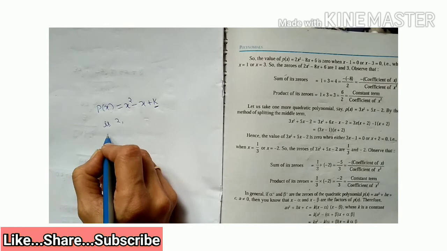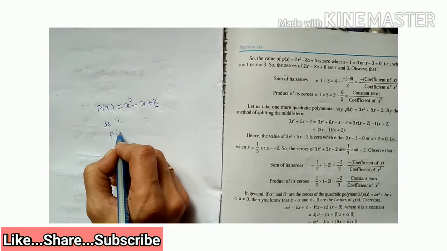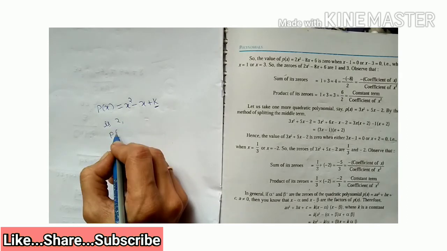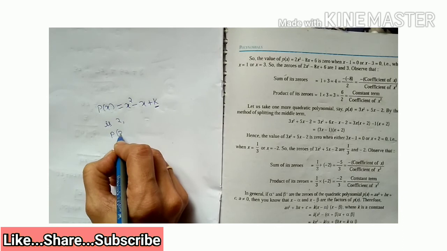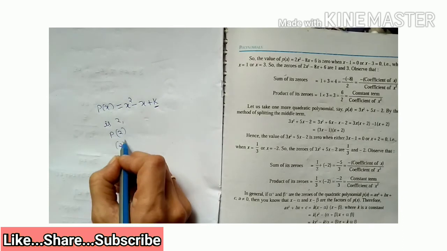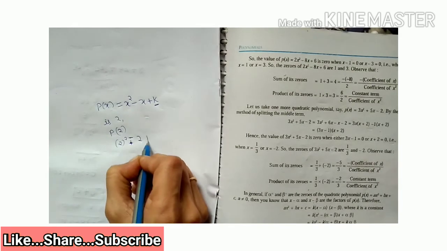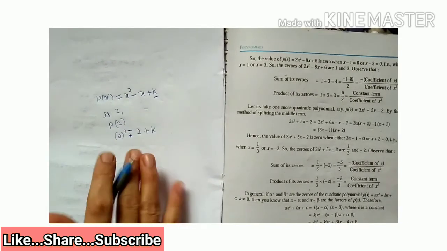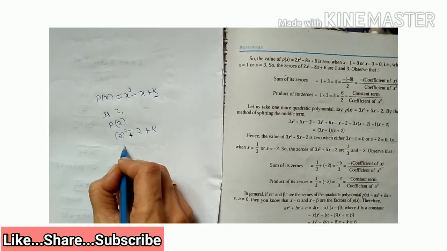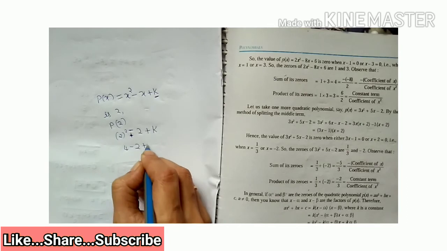Here we have to substitute 2 in the place of x. Here p of 2 is 2 square minus 2 plus k. 2 square is 4, minus 2 plus k.